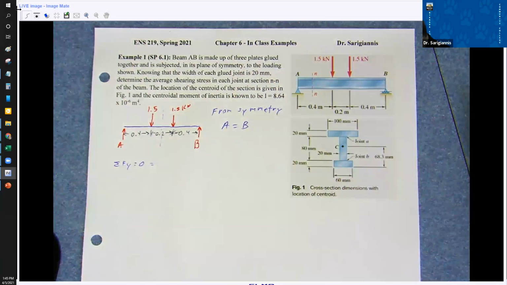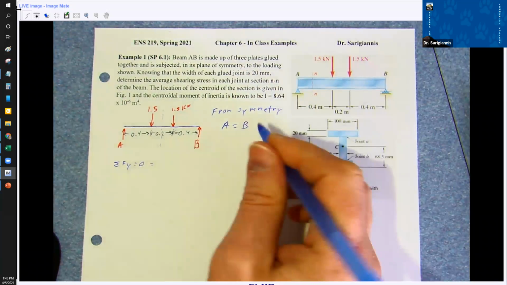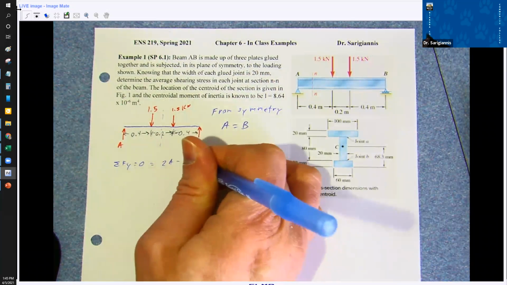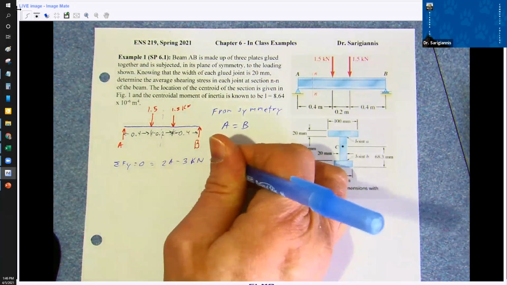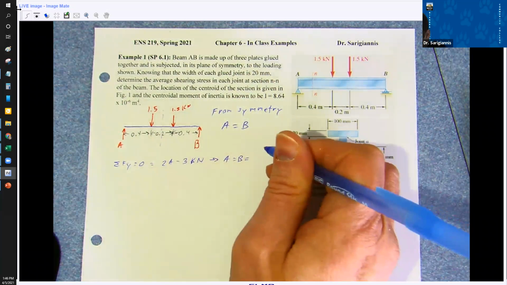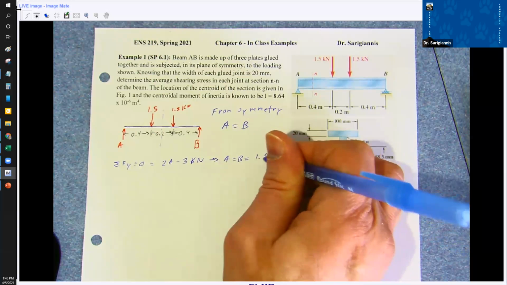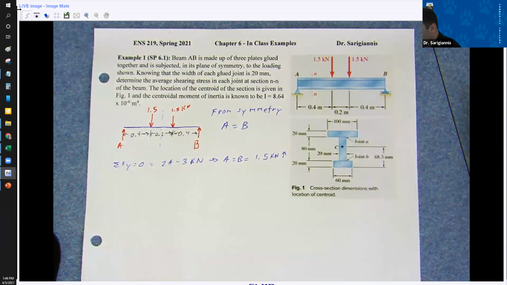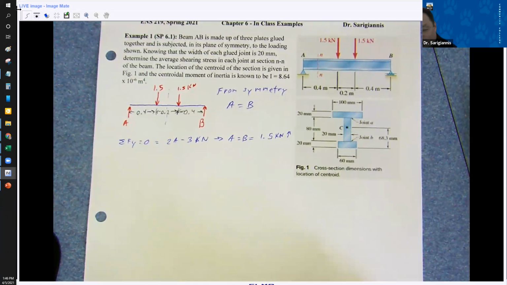I'll just use A: 2A minus 3 kilonewtons. A equals B equals 1.5 kilonewtons up, right? Fairly straightforward. Something you probably could have just looked at and figured out.